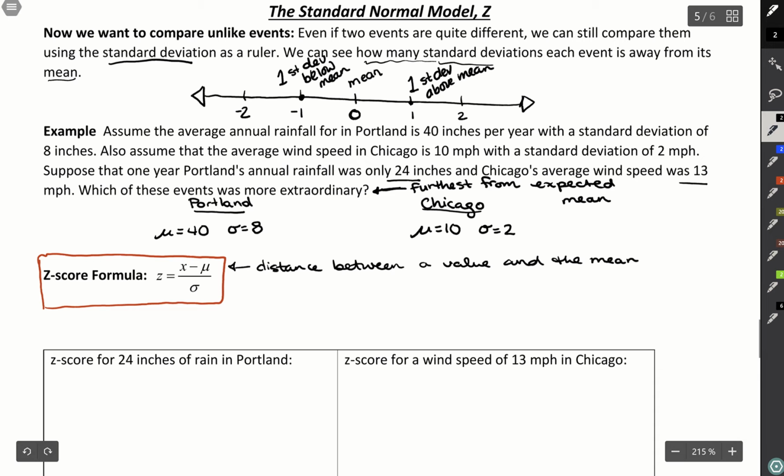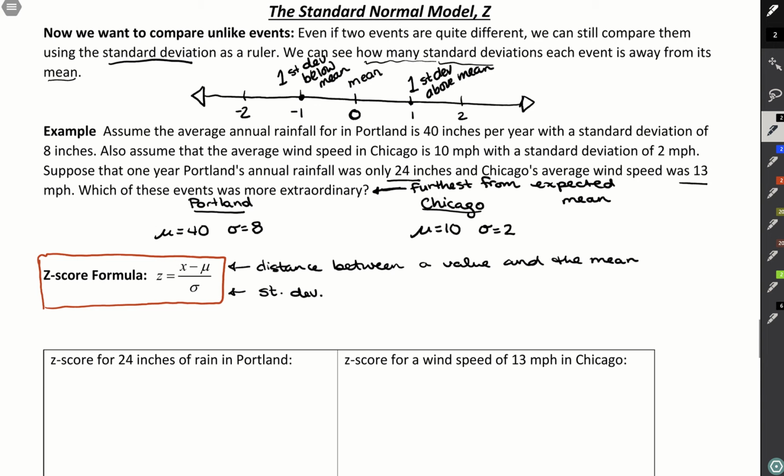If it's positive, that tells us we're above average. We don't really need to worry about the denominator here because that's our standard deviation, and standard deviation is always positive. So it's the numerator that tells us whether we have positive or negative.